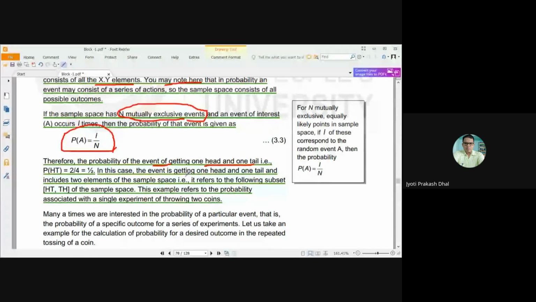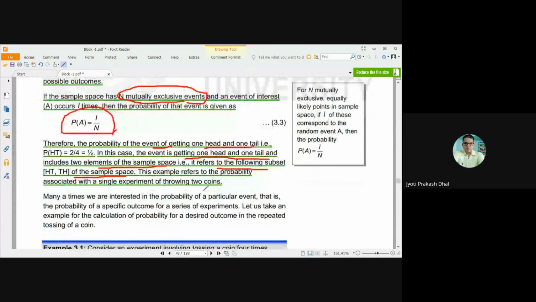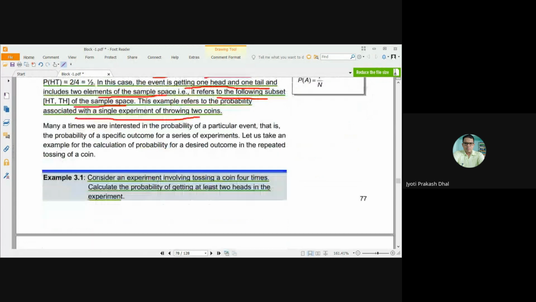In this case, the event is getting one head and one tail, and that includes two elements of the sample space. It refers to the subset HT or TH of the sample space. This example refers to the probability associated with a single experiment of throwing two coins simultaneously.